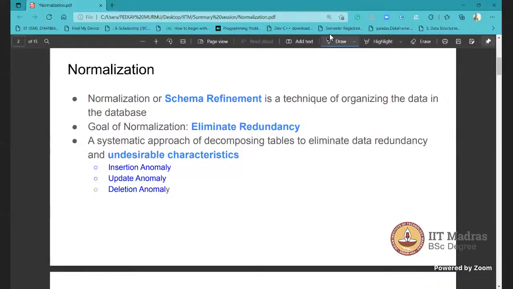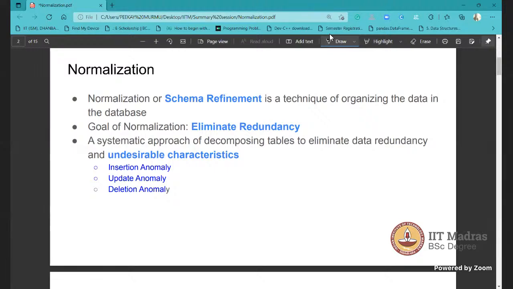Update anomaly is when we try to update a tuple, we miss out some tuples because of duplication. Sometimes you miss updating all the values, remaining some of the attributes.